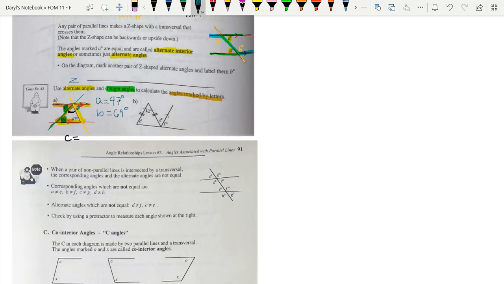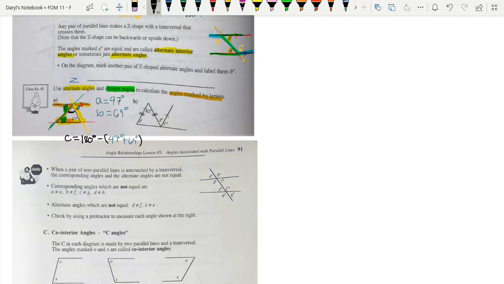So always in a straight line, the angle is 180 degrees. So therefore, angle C is just 180 degrees subtracted with the sum of angle A, so 47 degrees, plus 69 degrees.